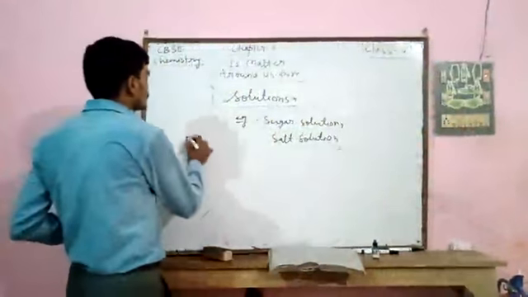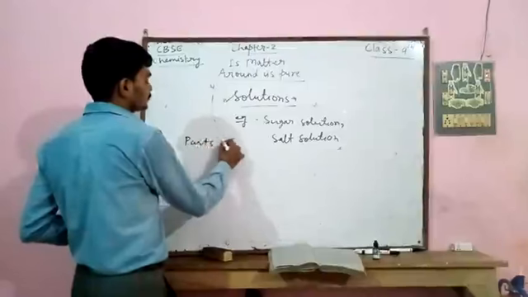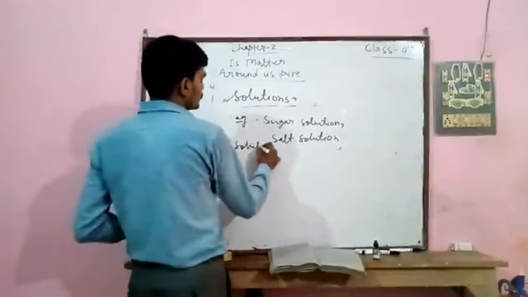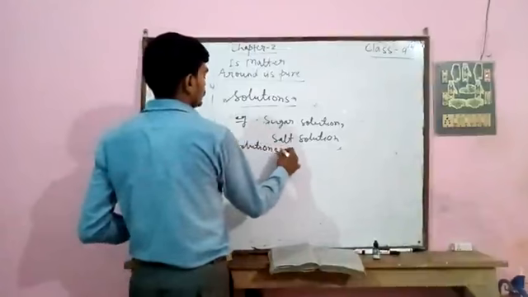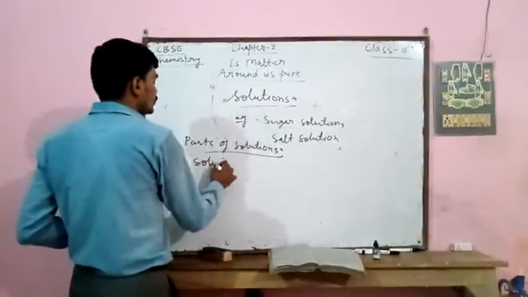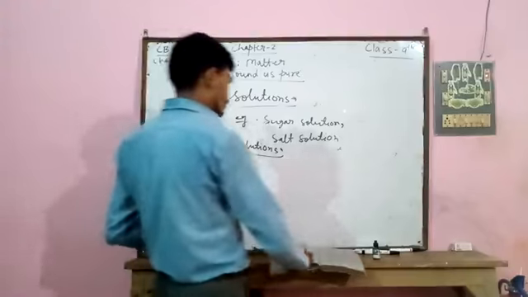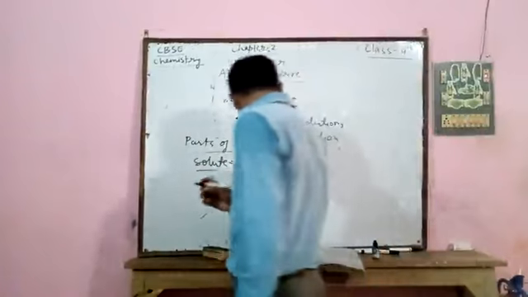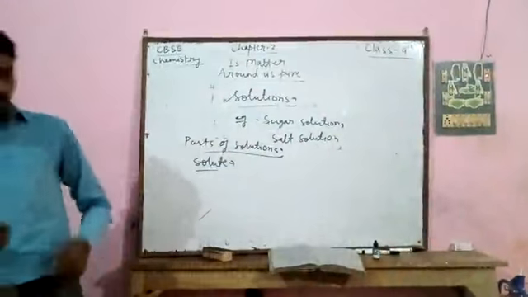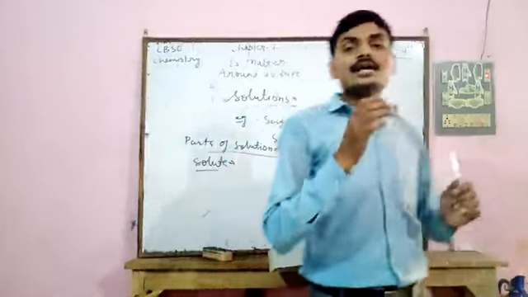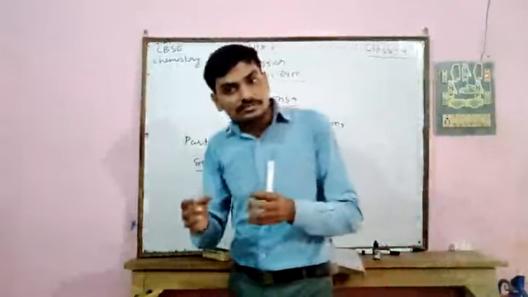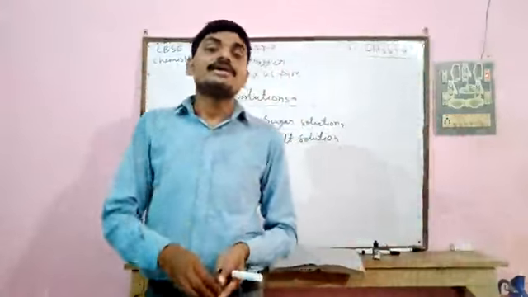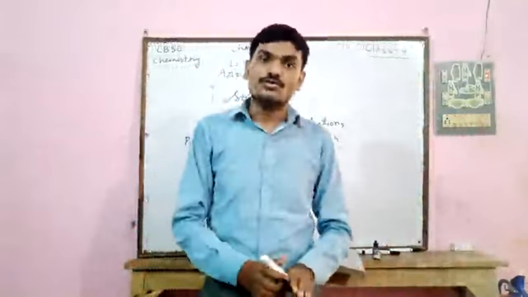Now, parts of a solution. The first one is solute. What is a solute? The substance which is dissolved in a liquid to make a solution is called the solute. That is, in the solution, the substance that is dissolved is known as the solute.